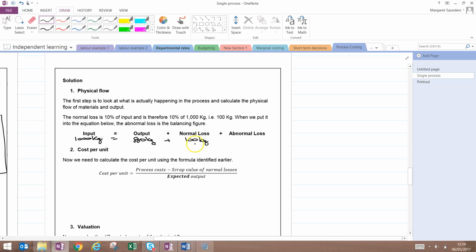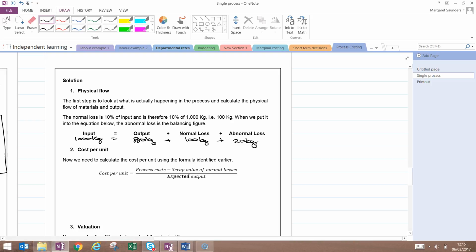So therefore, in addition to our expected loss, so our normal loss, we must have lost a further 20 kilos. So we've got an abnormal loss. And now it all adds up to 1,000 kilos. So most important that you do your physical flow first. These quantities will be transferred into the quantity columns in the T account.